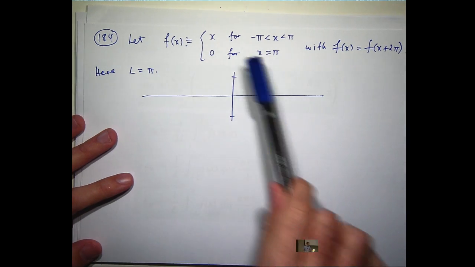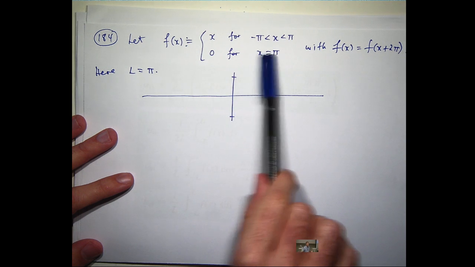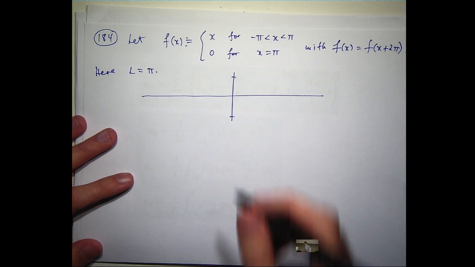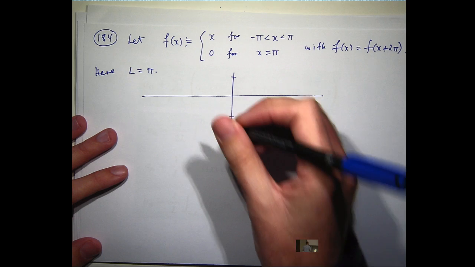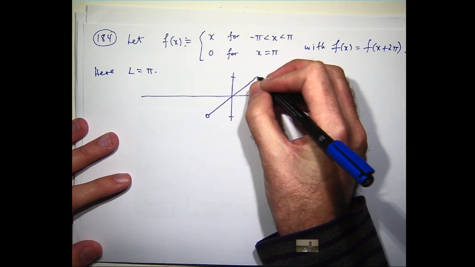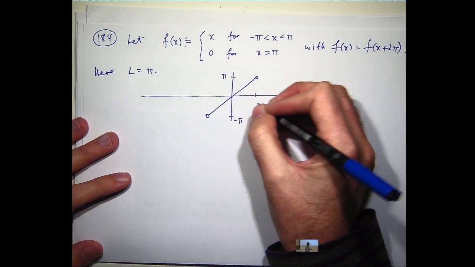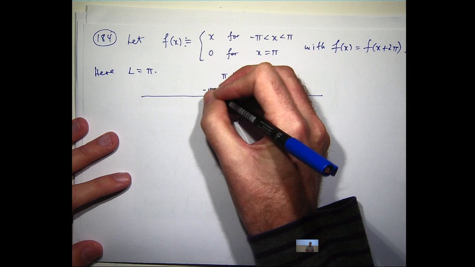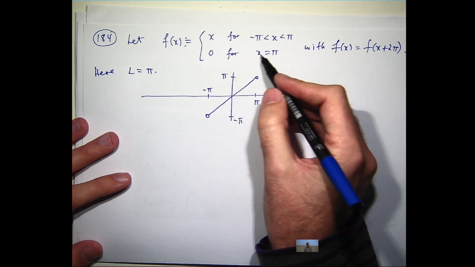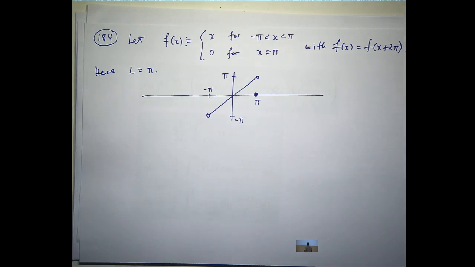Now, the way I do it is I basically draw the graph of x on this interval and put in this point as well. And then I'm going to copy and paste that graph and just move it around a bit. So let's say this is pi, this is minus pi, this is pi, this is minus pi. So at x equals pi, the value is 0. So that's one part of my curve.